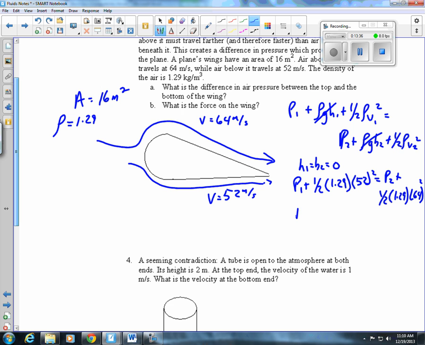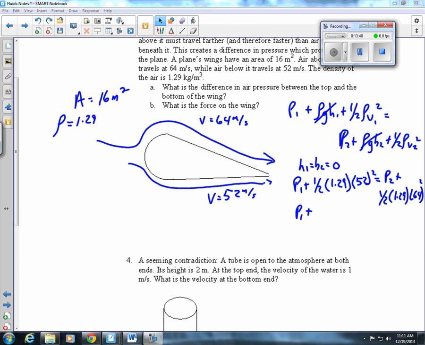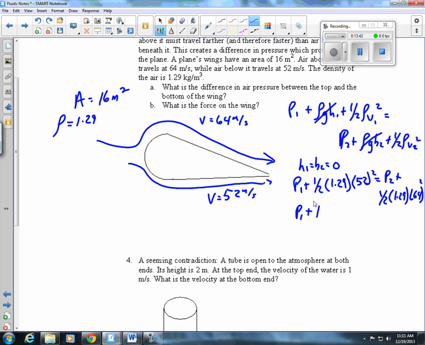So this gives me P1 plus 1744 equals P2 plus 2642.